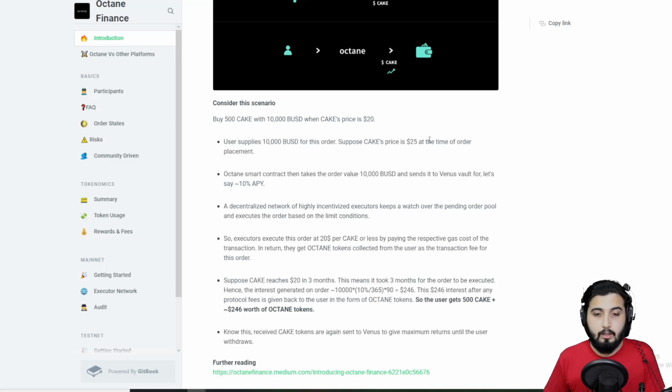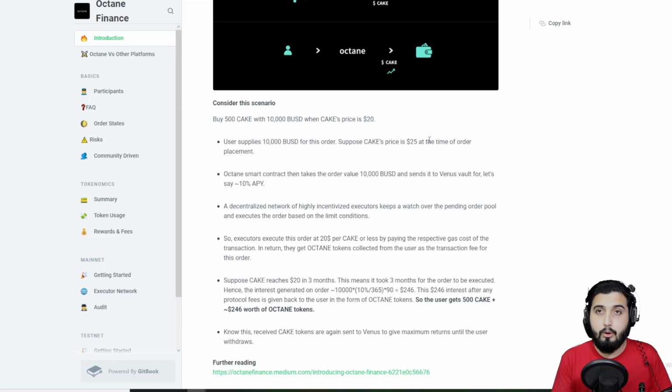In the example of the cake token, Octane Finance has chosen cake to explain this whole concept. Currently the price is like $18, but hypothetically, let's say the price of cake is $25, but you have seen from some forecast that it is going to drop to $20 or even below that.